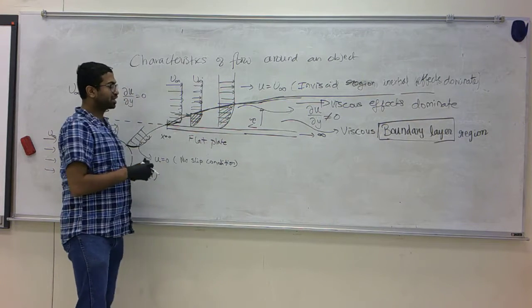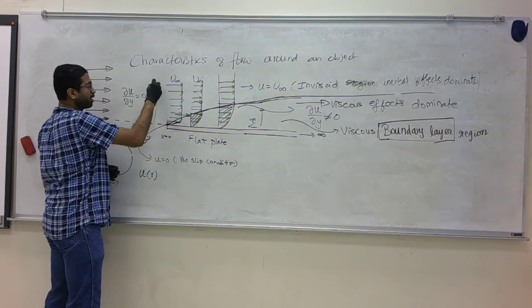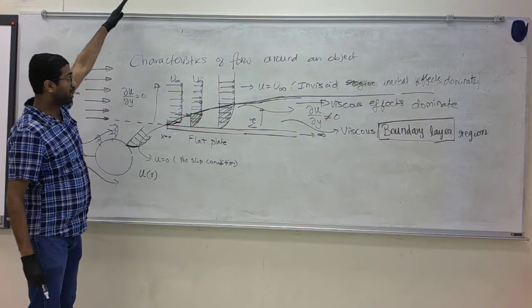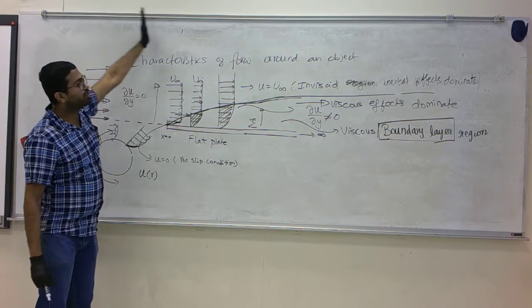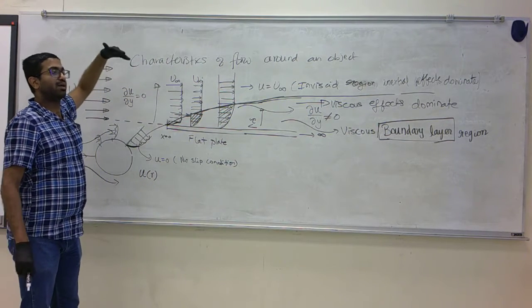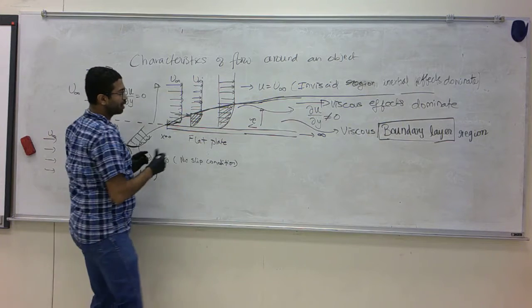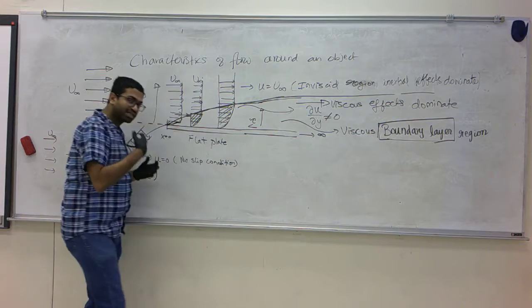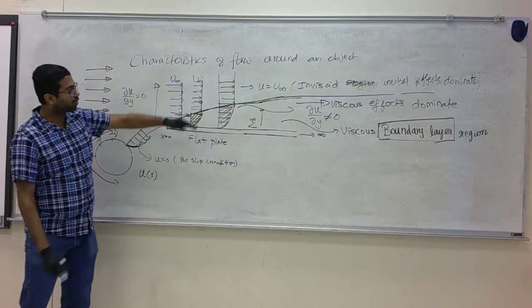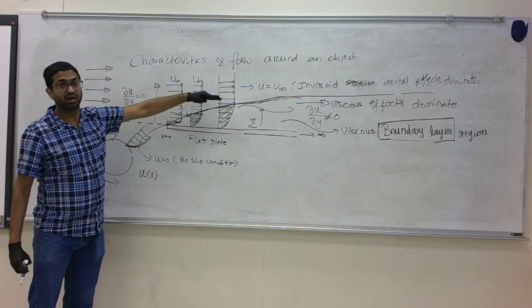gradually goes to the free stream velocity. That is, if you travel in the perpendicular direction a long distance away, very far away from the surface, you will have uniform flow. Because of the surface, this velocity asymptotically or gradually approaches the free stream velocity.